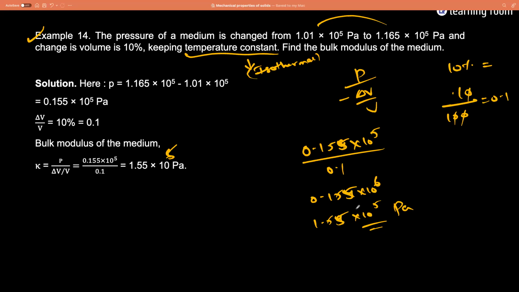Understood? The change in volume is 10%. So 1.55 into 10 power 5 Pascal. Clear? Shall I proceed? Yeah.